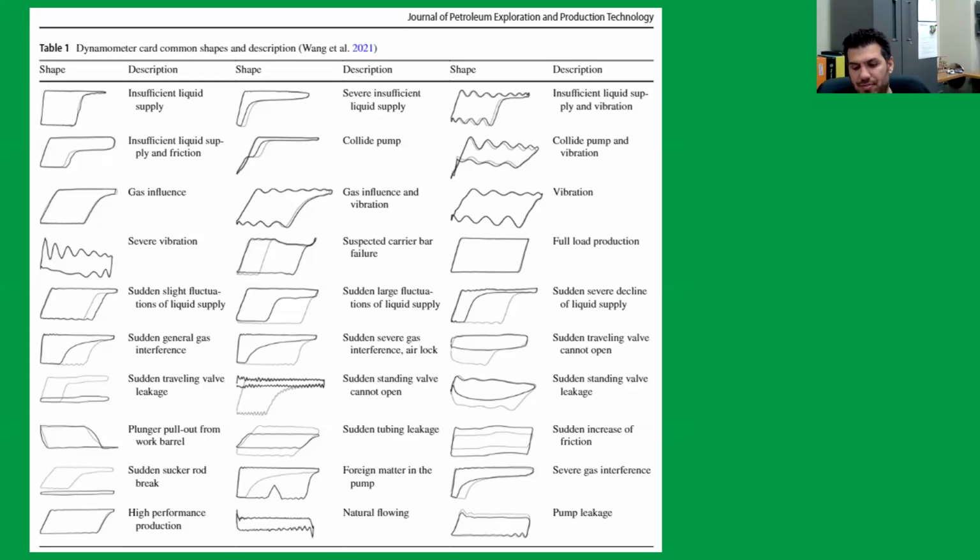It's an invaluable diagnostic tool. And if you want to become good at it, you really need to spend time going from one place to the other, looking at different pump dynamometer cards and what they register.